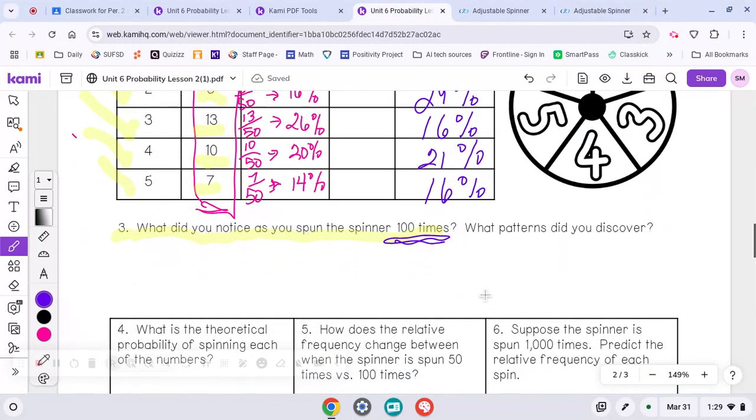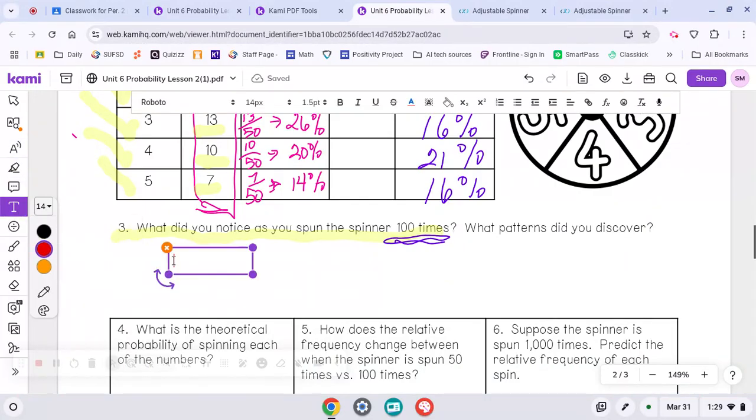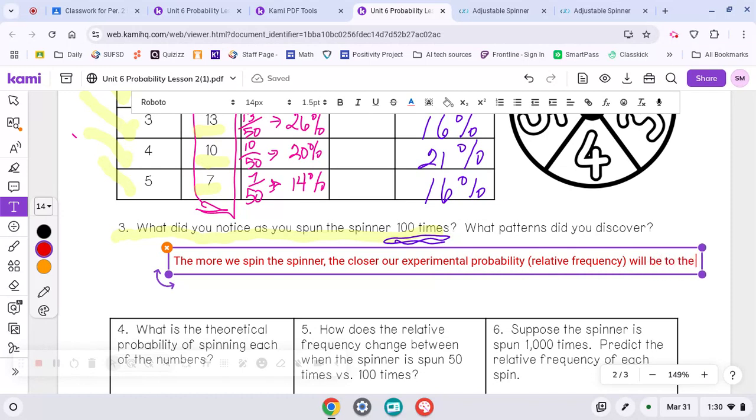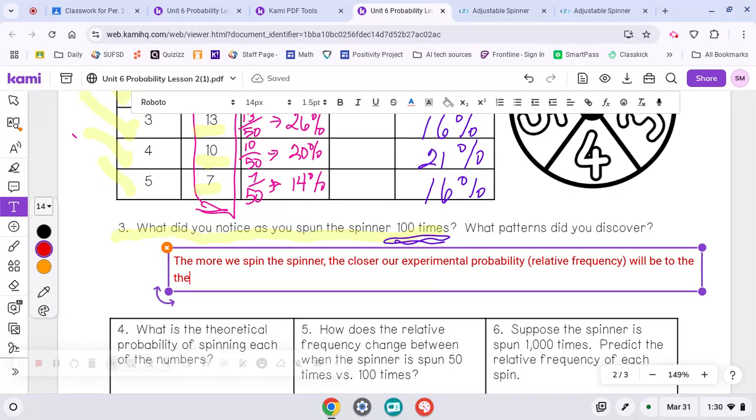So, what do we notice as we spin the spinner 100 times? I'll try to type even though I'm missing the letter H on my keyboard. The more we spin the spinner, the closer our experimental probability, aka relative frequency, will be to the theoretical.